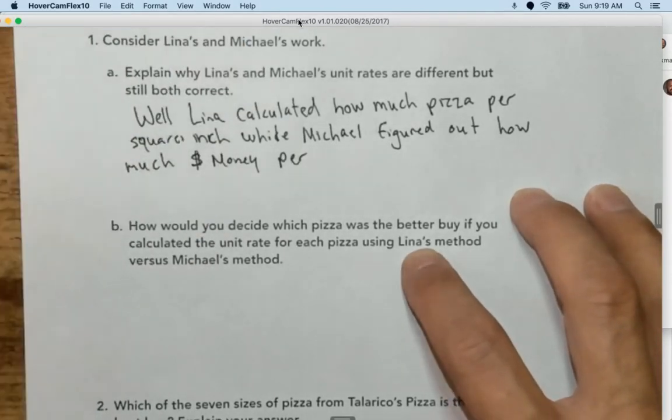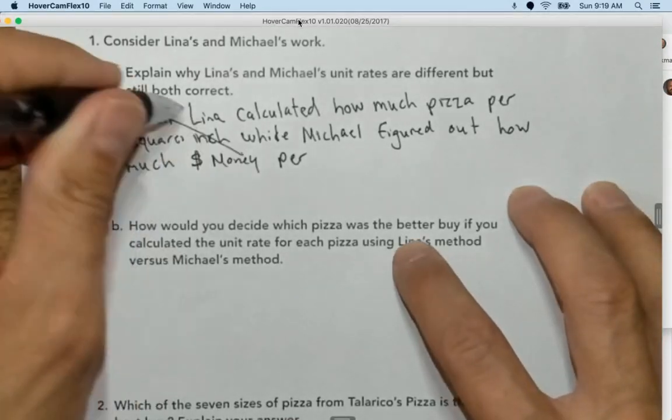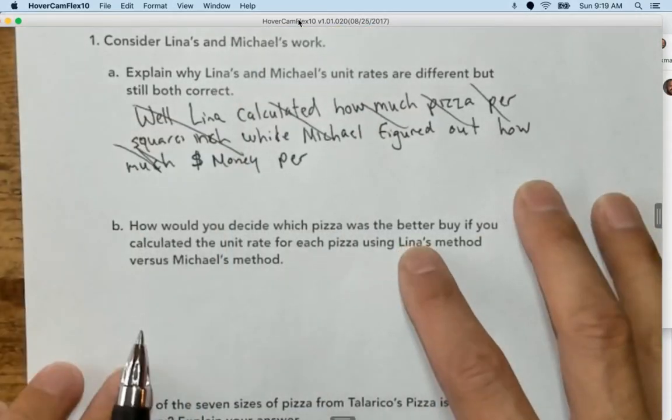I need to redo this, don't I? Wah, wah, wah. Cross out my work. It doesn't have to be fancy. This is my work as I go.